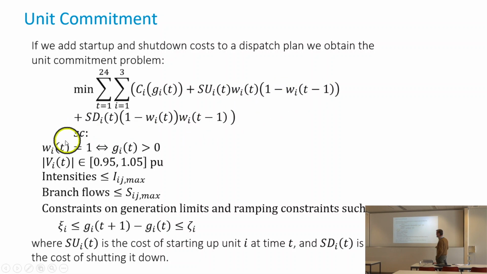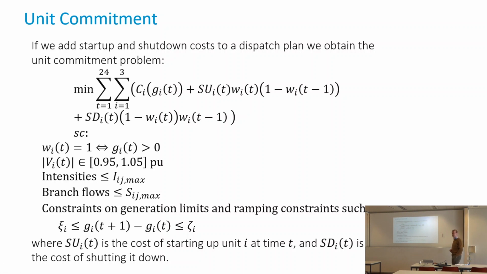So W is a binary variable that says whether it's on or off here. Similarly, I may have a shutdown cost. To stop it, I need to send somebody to do something that will cost some money. And so I may similarly have a shutdown cost here. So that's the real stuff we need to solve.